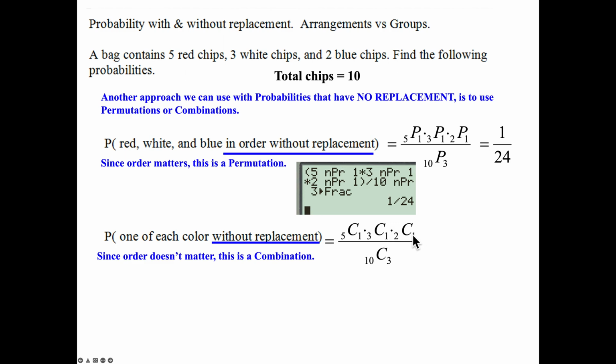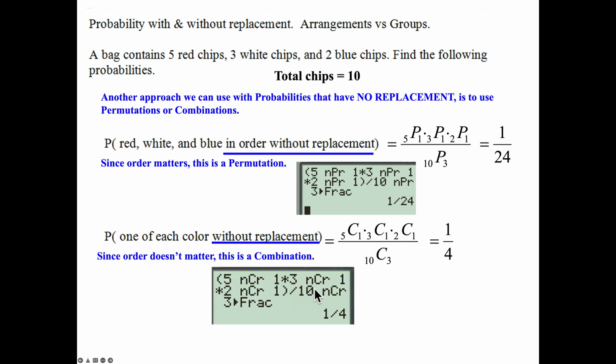You can put a 0 there. It will still get you the same answer. All right? So again, crunch this into the calculator the same fashion. Multiply all your combinations together. Divide by your 10 combination 3.